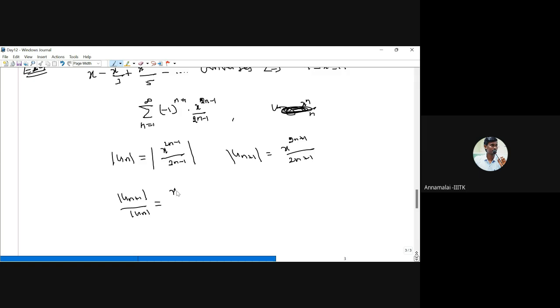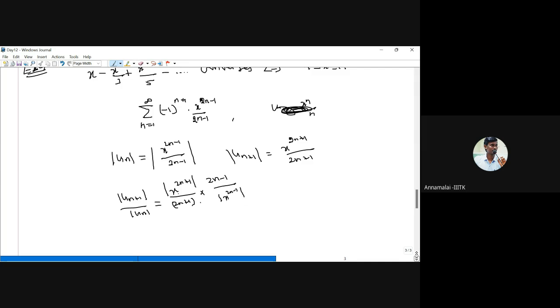So you will get modulus of x power 2n plus 1 by 2n plus 1, into 2n minus 1 by modulus of x power 2n minus 1.